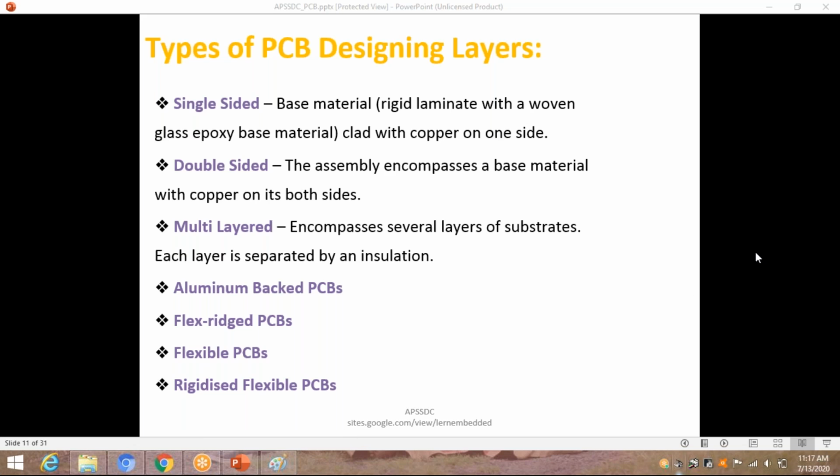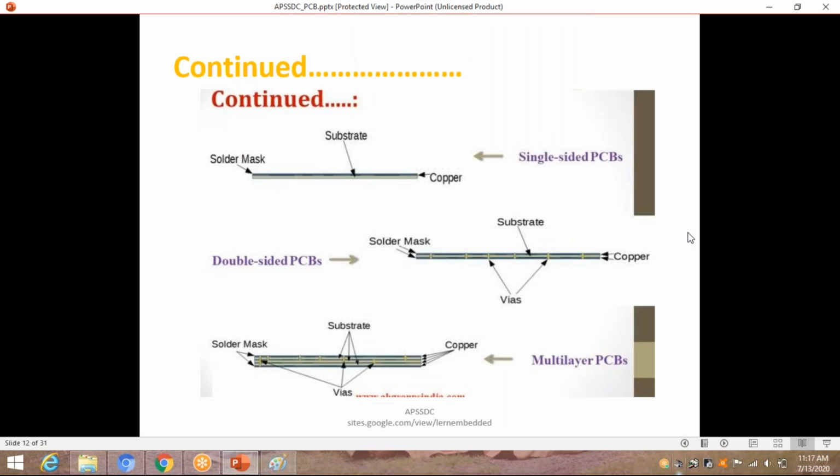I'm continuing to the next slide. All of you clear about the types based on layers? Yes, sir. You can understand this slide while designing the PCBs. Okay, the picture is not clear.